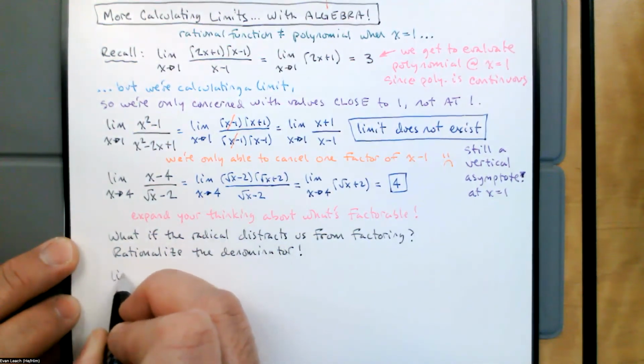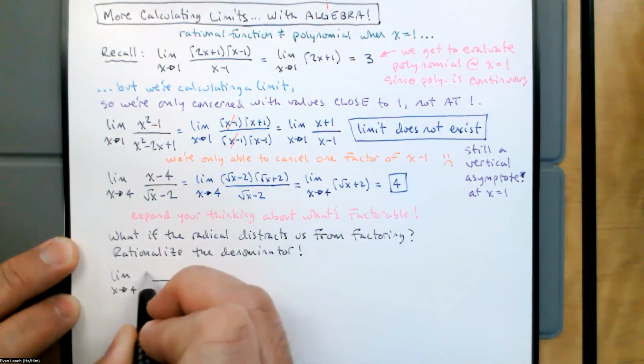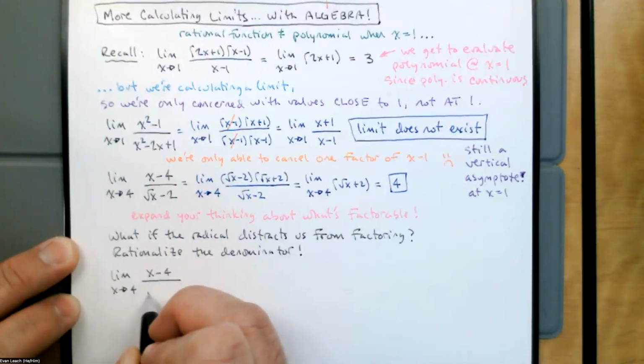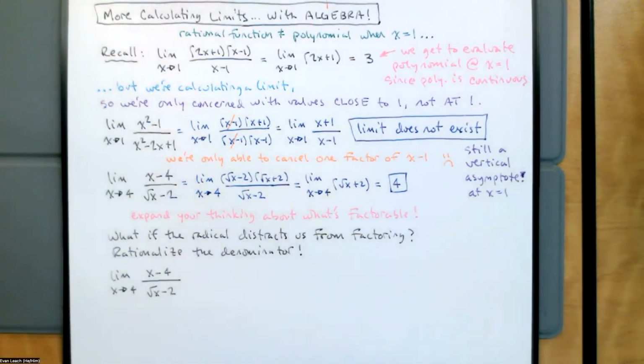We'll take the limit as x approaches 4 of x minus 4 over root x minus 2, and we will multiply by the conjugate of the denominator.